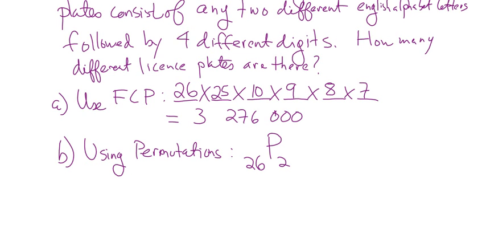We want permutations, meaning they have to be different, because permutations are things that are distinguishable. Followed by, how many digits are there? 10, and how many of them do I need? 4. So it's 26P2 times 10P4.